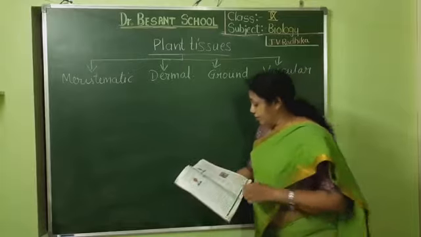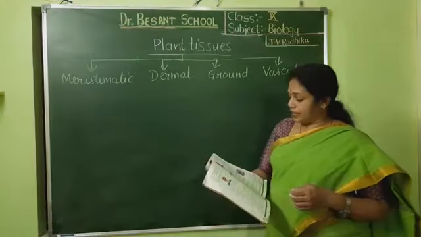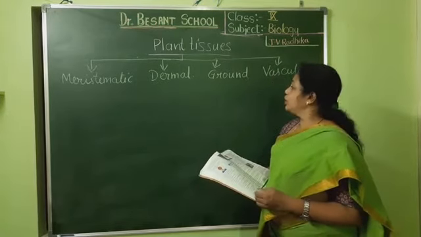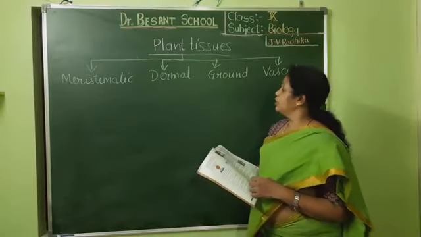Okay, this is one method of classifying the plant tissues: meristematic tissue, dermal tissue, ground tissue and vascular tissue. In another way also I can do that.